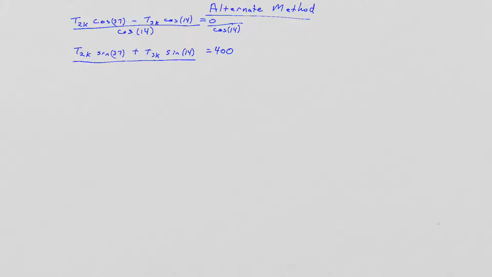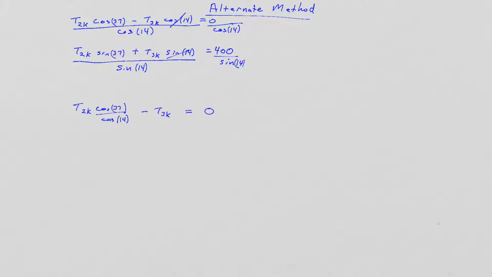Similarly, we could take the left side of this equation and divide it by sine of 14 and divide the 400 by sine of 14. In this way, this part of this term here is going to lose its cosine, and this part of this term here will lose the sine part of it. We're done. Okay, so what does this translate into? These two equations now become T2k cosine of 37 divided by cosine of 14 minus T3k equal to 0.